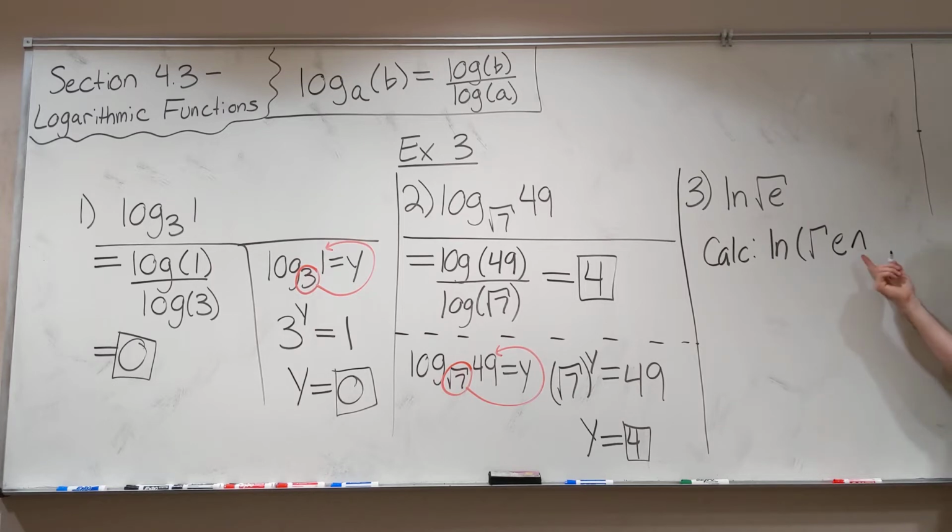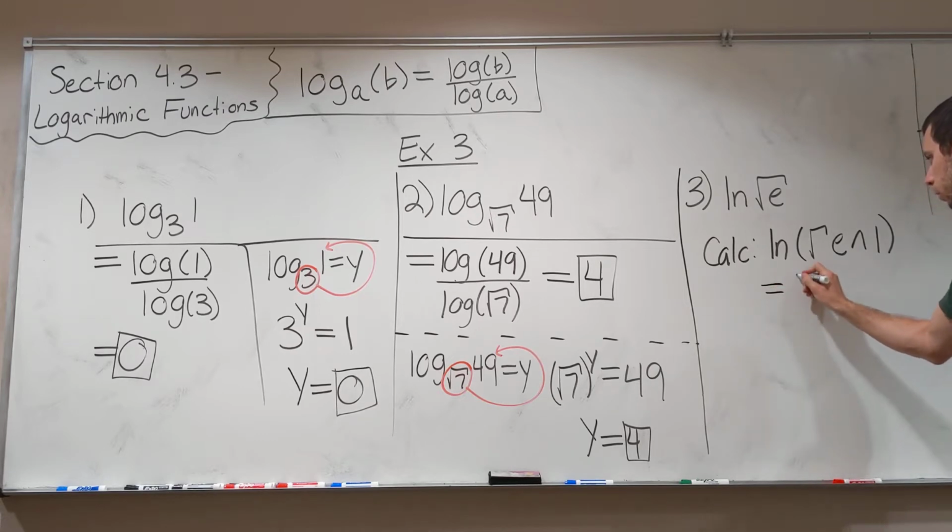It means it wants a power for e. Now here, e doesn't have a power, so here you can put 1, and then you can close the parenthesis. It might also open up another parenthesis. Just make sure you put 1 and then close the parenthesis. And what you should get is 1/2.